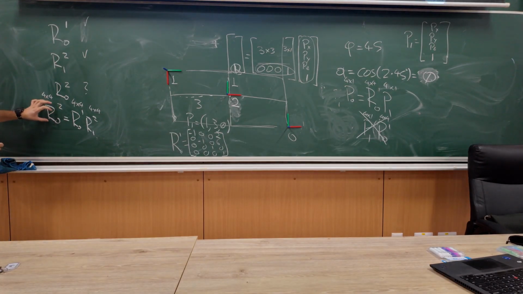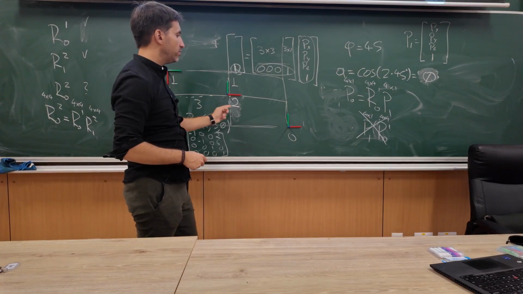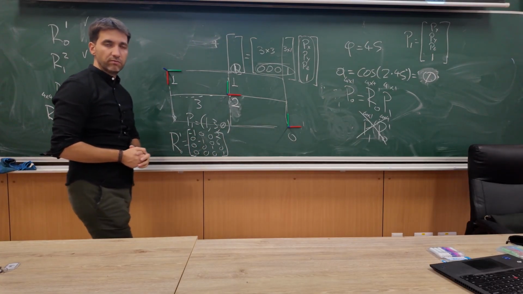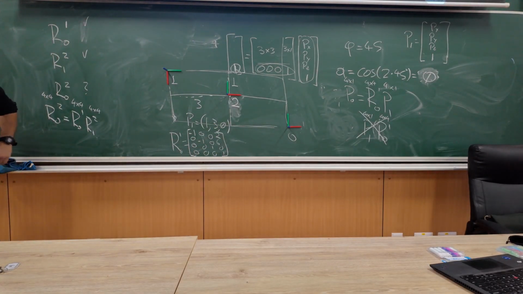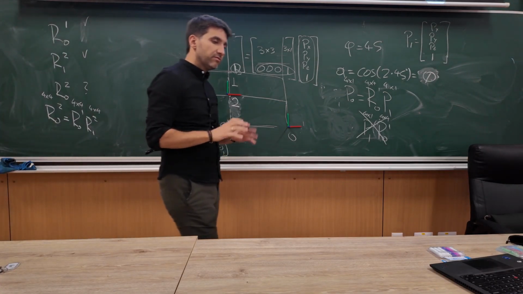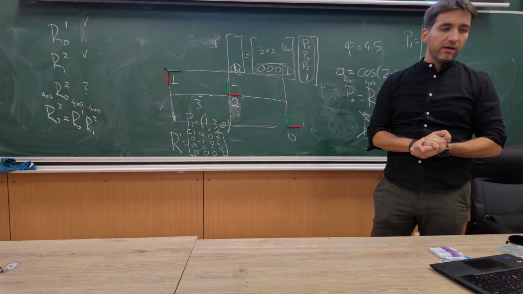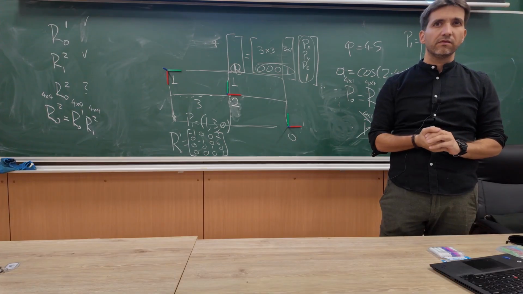Or I can say that this R02 represents the orientation and position of this frame with respect to 0. Different ways of saying the same thing. I'm insisting on this because we will come back to this idea: a transformation matrix is both the action and the result. You will see why I insist. Any questions?